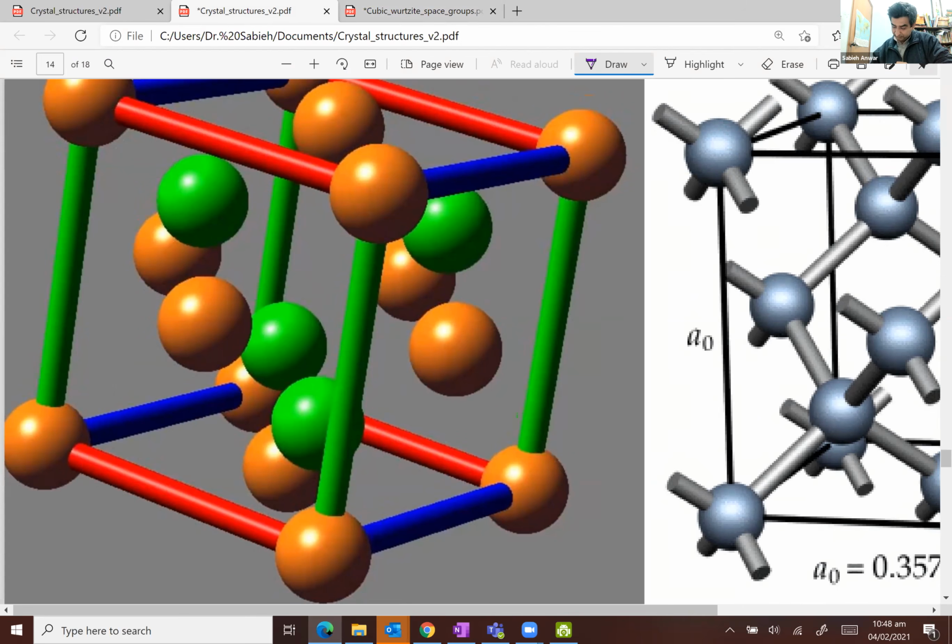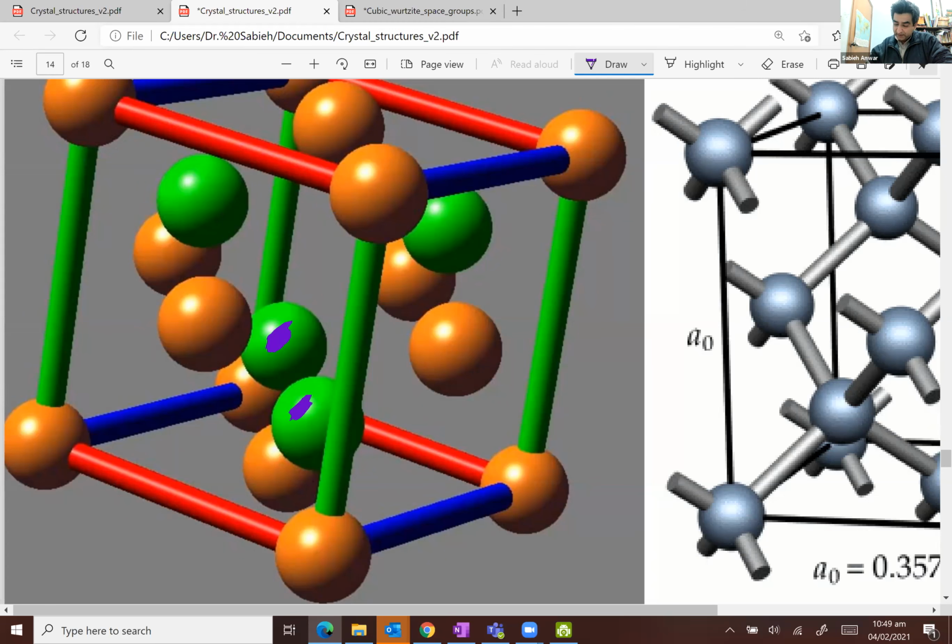I've drawn them in different colors for easy visualization. The orange atoms are at the corners of the unit cell or the centers of the faces. And the green carbon atoms, two of them are at height 1 by 4.